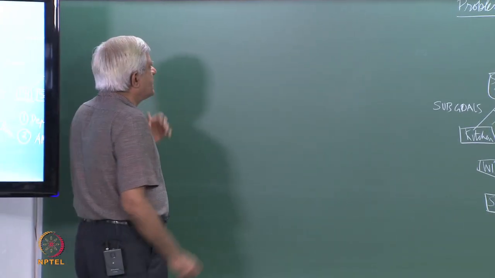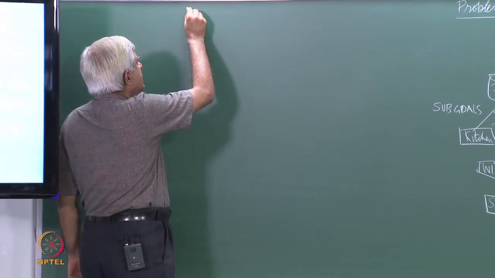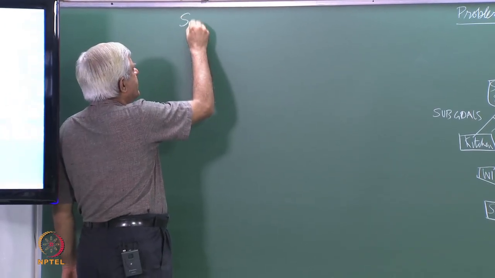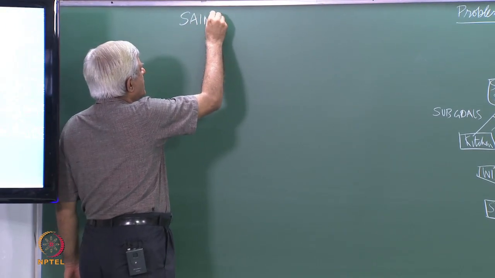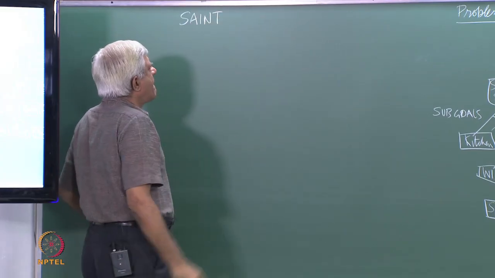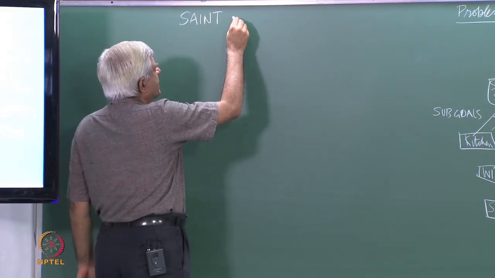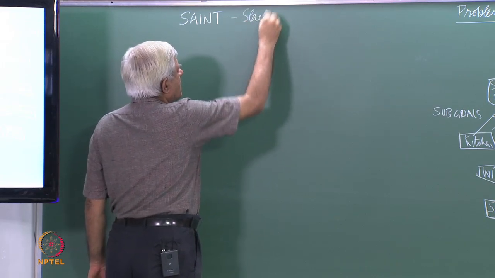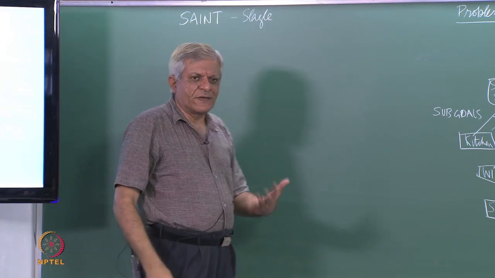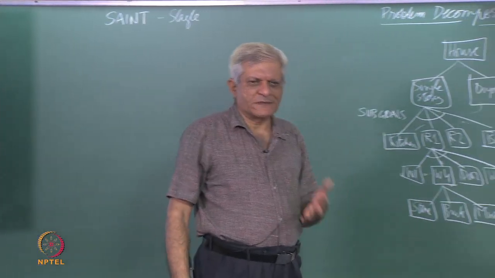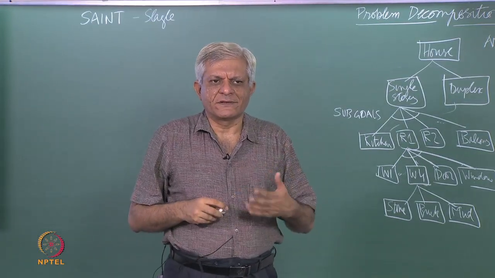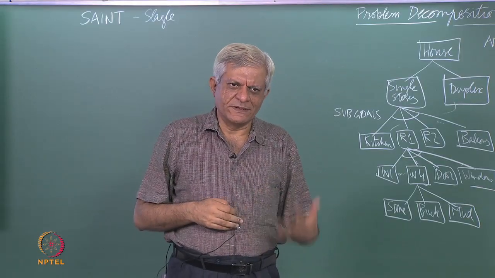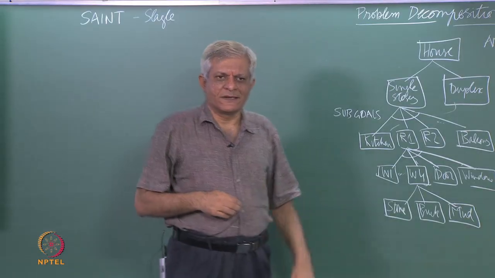Okay. One of the first programs to look at AND OR trees was a program called SAINT, which was implemented by a guy called Slagle in 1961. When we were looking at the introductory lectures and saying what are the achievements that AI has made over the years, we had mentioned symbolic integration at that time.